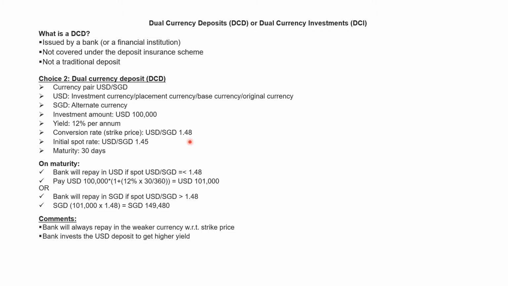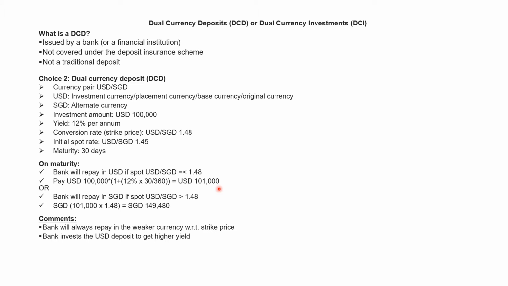Normally, and for good financial reasons, the bank will convert if the US dollar SGD spot rate on the reference date, say on the 30th day, is above 1.48. If this does not happen, that is, the USD SGD on the reference date is 1.48 or below, the bank will pay the principal and the interest in the original investment currency of USD. This is simply because it makes financial sense for the bank to do so.